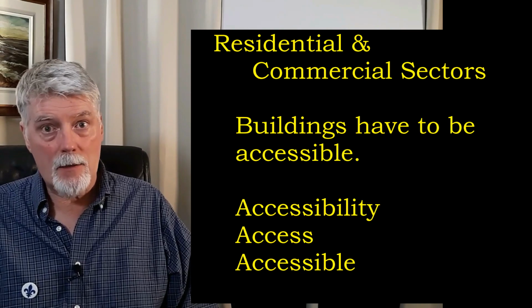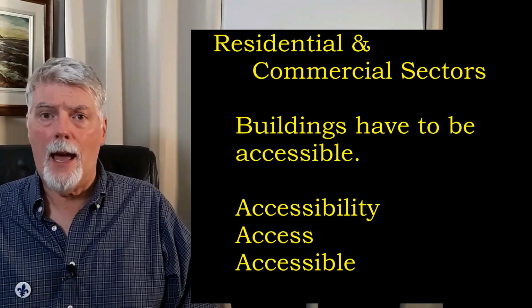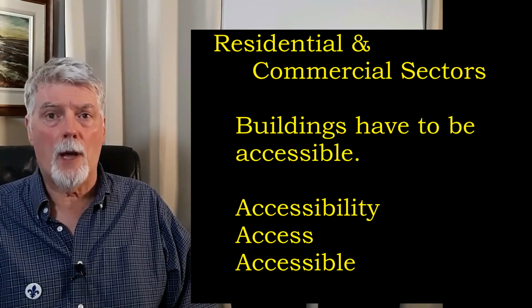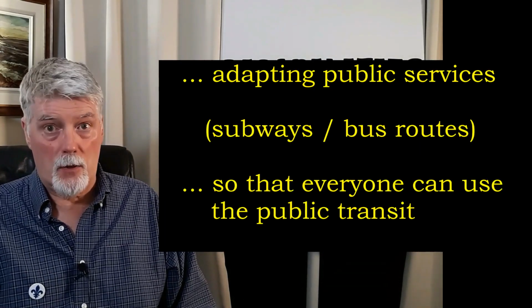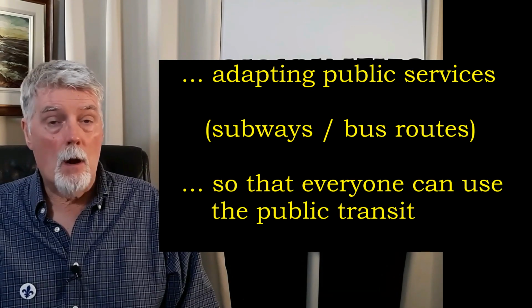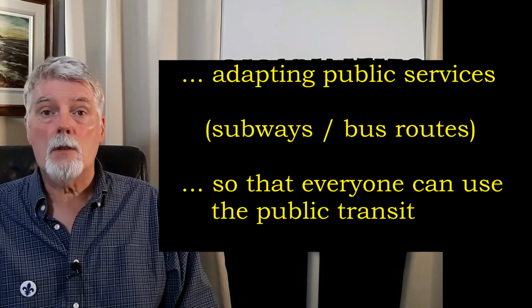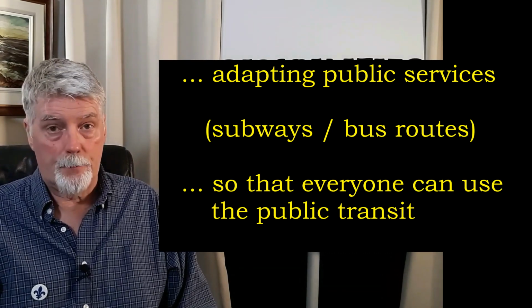And nowadays, especially since the 90s, buildings have to be accessible to everyone. And even cities like Montreal, Toronto, New York, Paris, London are adapting their public services pertaining to subways or bus routes so that everyone can use the public transit.